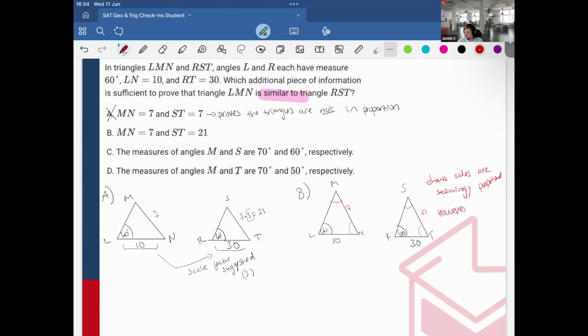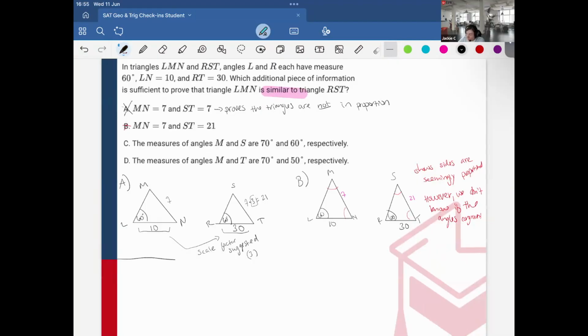However, we don't know if the angles are congruent, which is one of the properties I must know in order to prove similarity. So we can also discard option B. Okay, then looking at option C again.